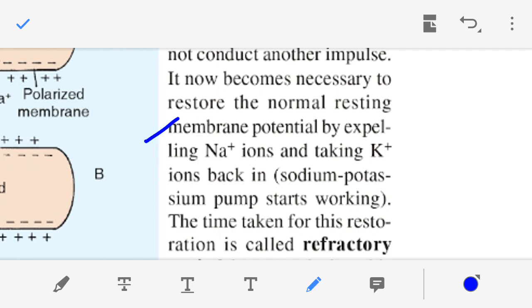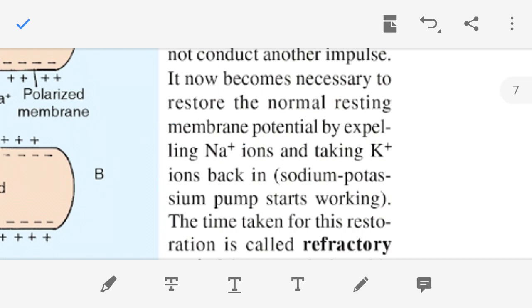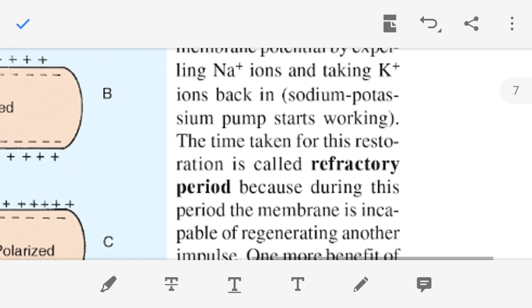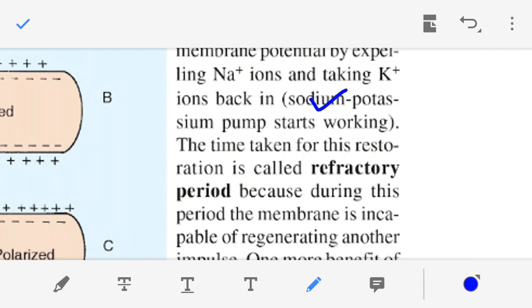And how is this normal resting membrane potential maintained? By expelling the Na plus ions outside and taking K plus ions back inside. The sodium potassium pump starts working, throwing Na plus outside and bringing K plus inside the cytosol.